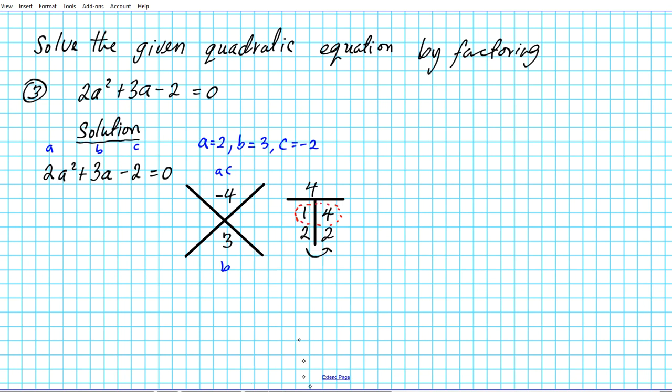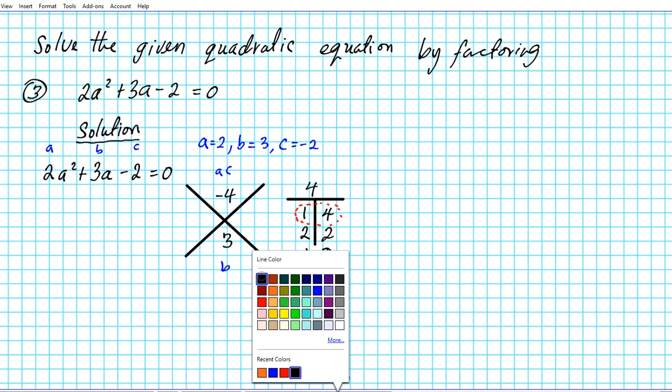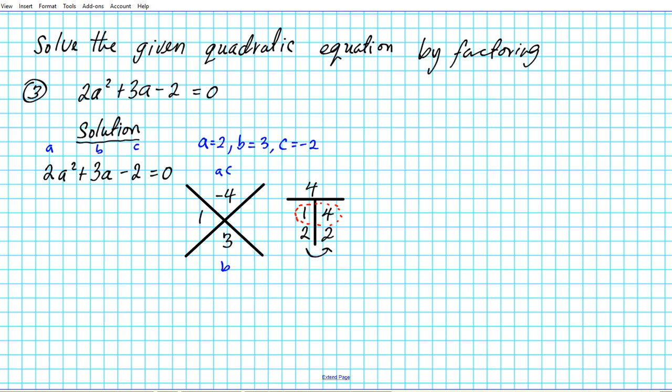So we're going to place that into the middle spot, like we did in problems number 1 and 2 in the previous presentations. To resolve the sign, the sum has to be positive and the product negative, so at least one of these two has to be negative. Since the sum is positive, that means the smaller has to be negative.